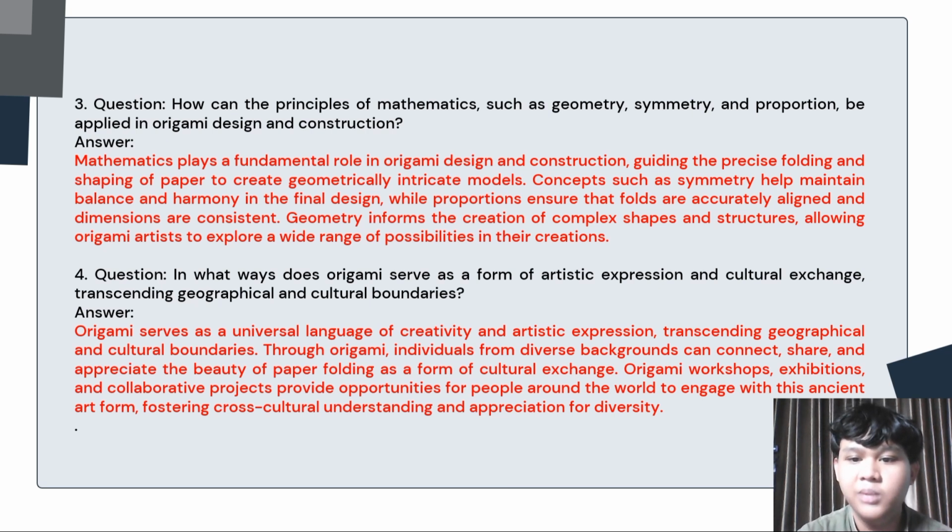Concepts such as symmetry help maintain balance and harmony in the final design, while proportion ensures that folds are accurately aligned and dimensions are consistent. Geometry informs the creation of complex shapes and structures, allowing origami artists to explore a wide range of possibilities in their creations.